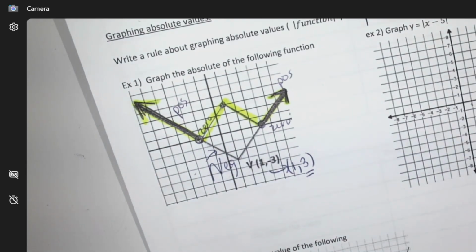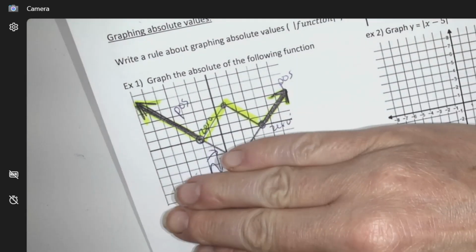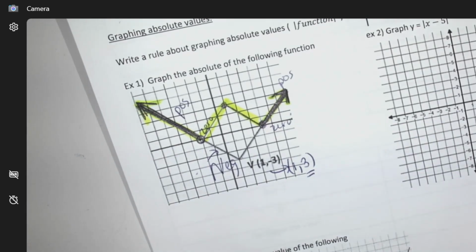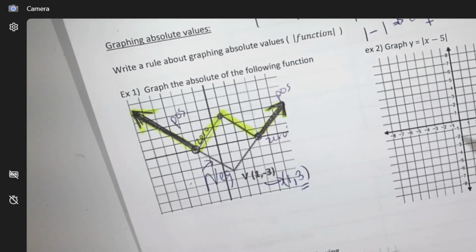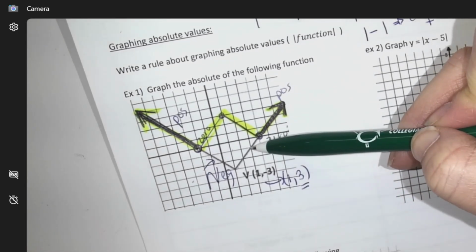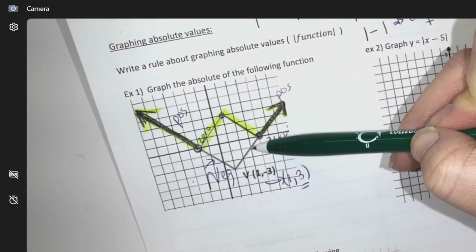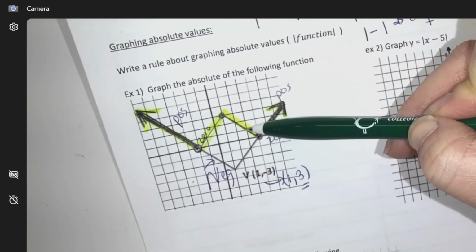So I reflected it. Did you see a reflection? I went from the negative and I reflected it up to be positive. If I put my pen here, there was a height of negative 1. Boom, there it is now at positive 1 height.